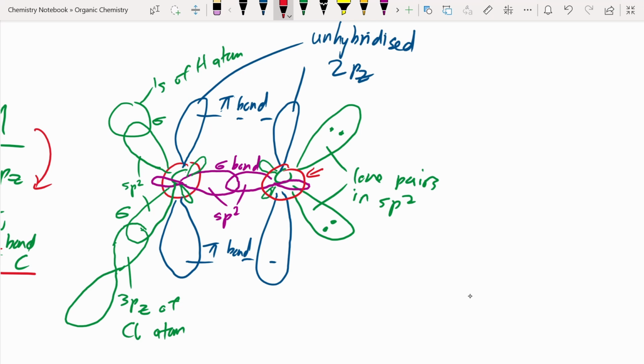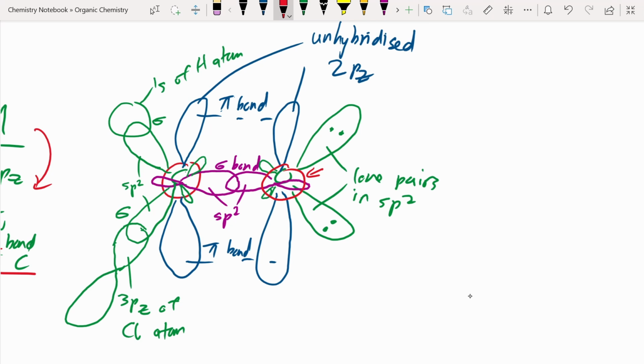One of your sp2 orbitals of oxygen forms a sigma bond with the sp2 orbital of your carbon right here. Then there's the 2pz unhybridized orbital that forms your pi bond with carbon. Carbon also has an unhybridized 2pz orbital.